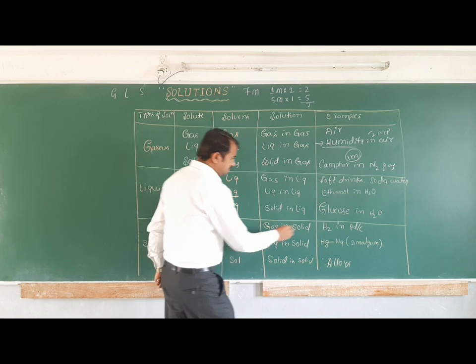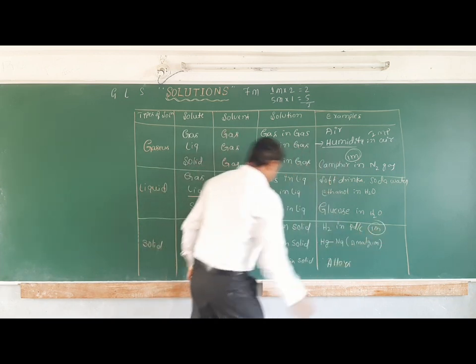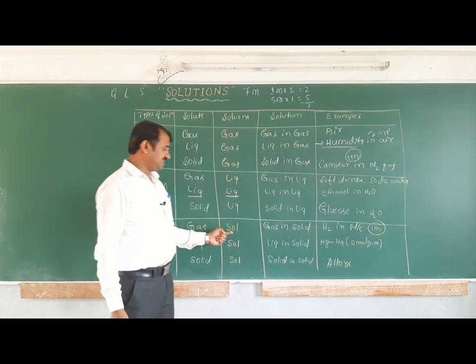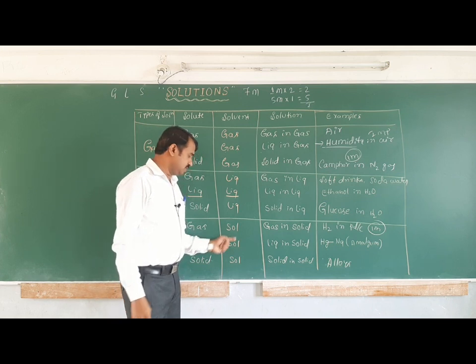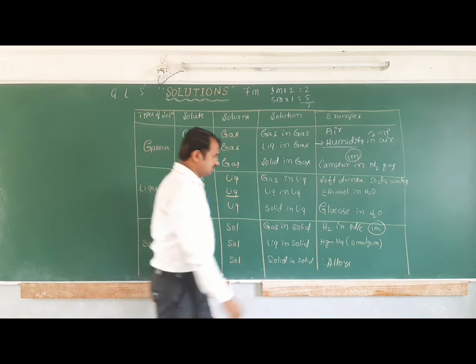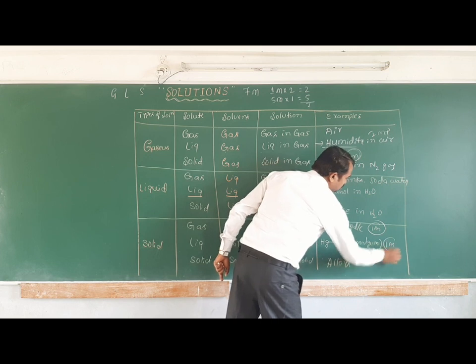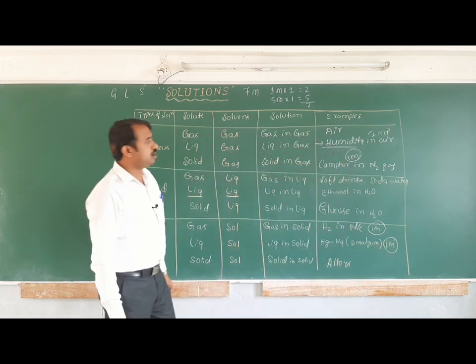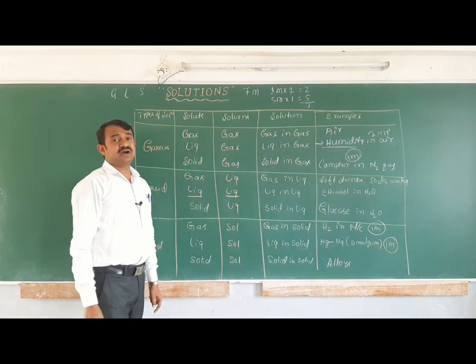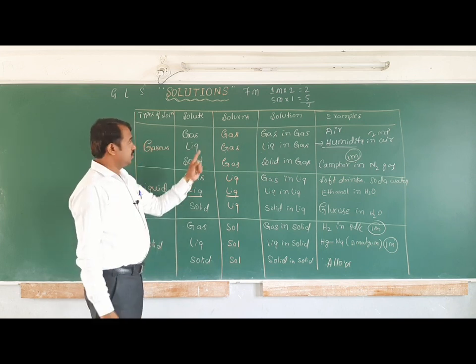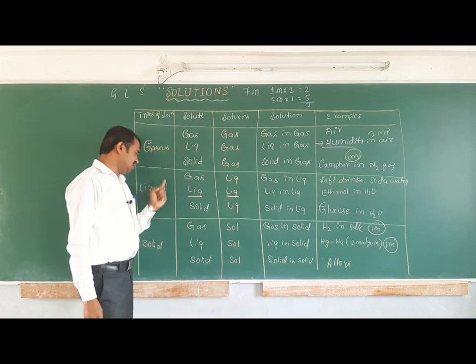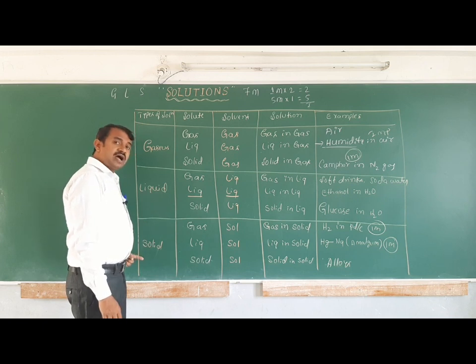Sometimes they also ask for examples of gas dissolved in solid, or liquid dissolved in solid. Okay, these are all the types of solution: gaseous solution, liquid solution and solid solution.